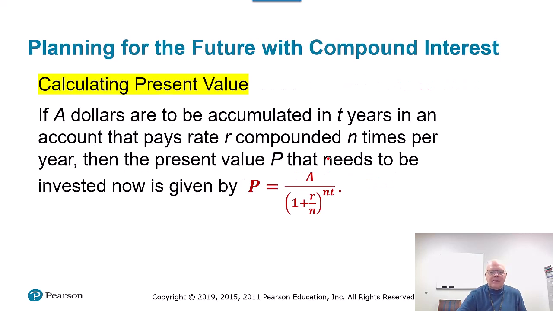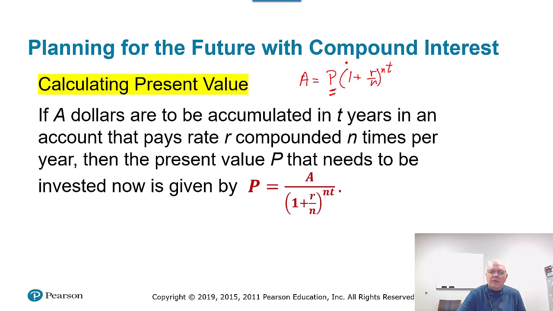Next, present value. Well, this should look a little bit familiar, and it looks like someone messed up the formula. But actually, this started out as A equals P times (1 plus r over n) to the nt. Now, what we wanted was this.